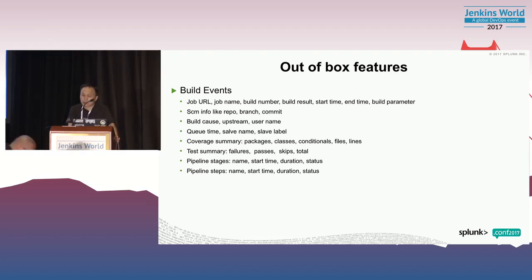If the job is a Jenkins 2 pipeline job, we can also extract pipeline stage information and pipeline step information. For example, if your job has 10 stages, we will cover all 10 stages with start time and end time, so you can analyze it and get an overview of the whole pipeline.